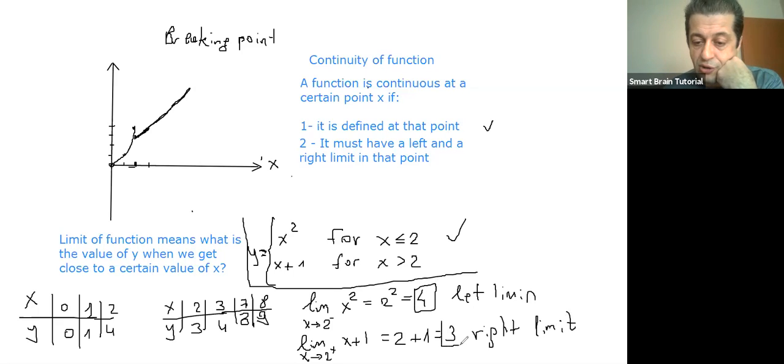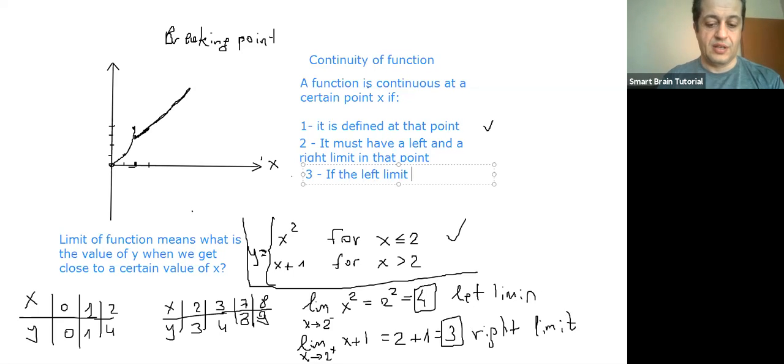So this is a condition for functions to be continuous. If the left limit is equal to the right limit, then the function is continuous.